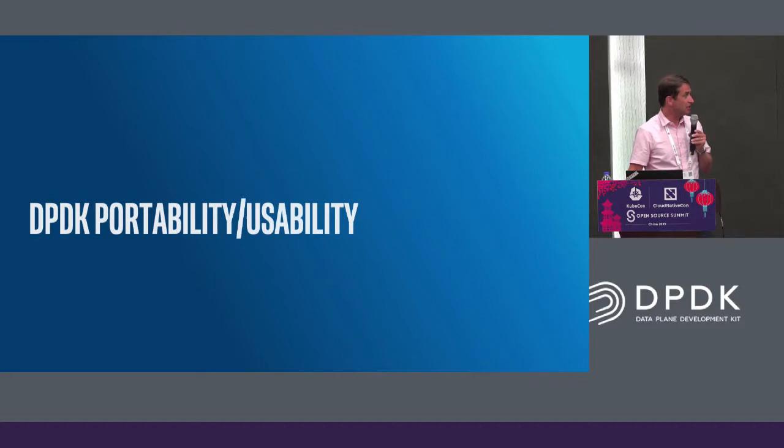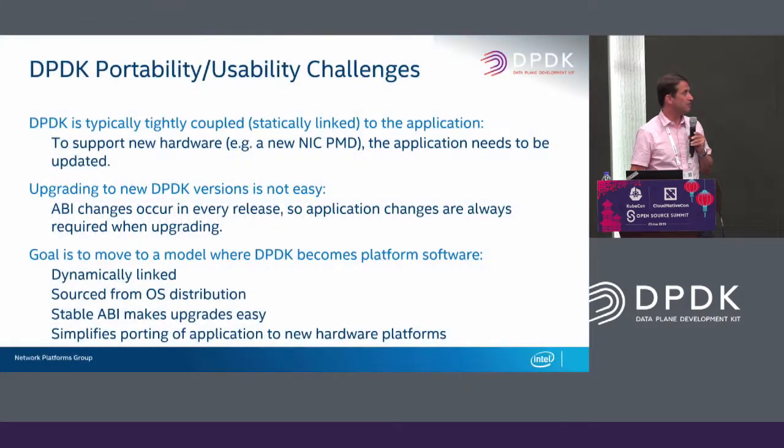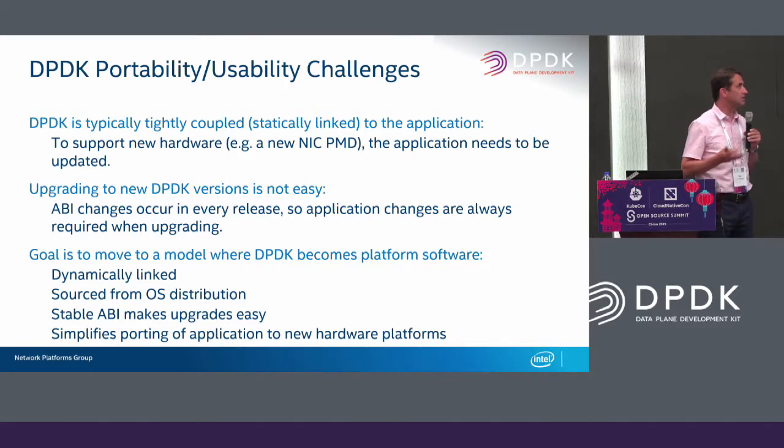So the last area I talked about was improving DPDK portability and usability for the SRIOV use case. If you look at how that typically works, DPDK is typically tightly coupled, statically linked to an application. So if you want to upgrade to support new hardware, a new NIC PMD, etc., you need to upgrade the application to a new version of DPDK. Upgrading to new versions is not easy.